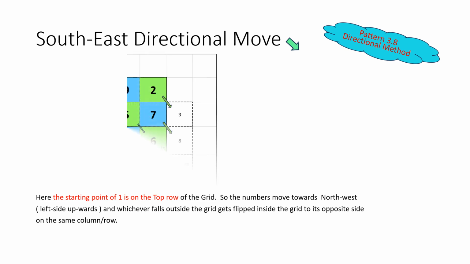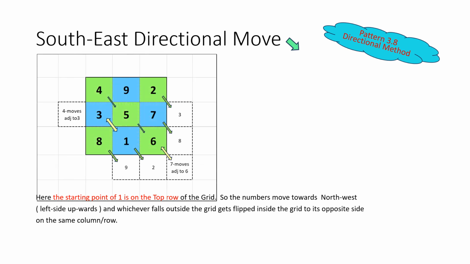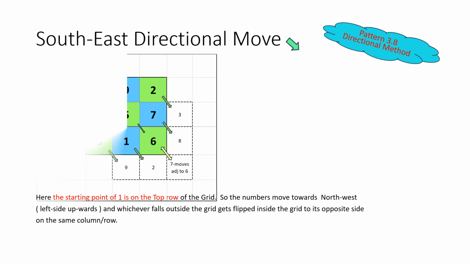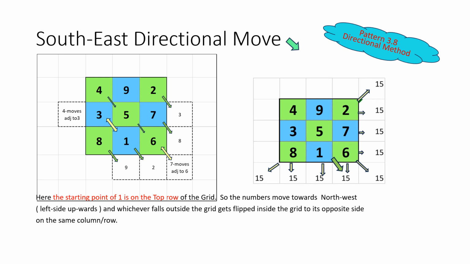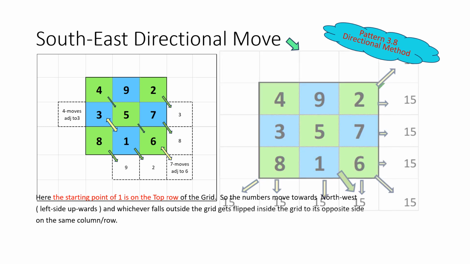You are done with the magic square. Check the sum vertically, horizontally and diagonally in all the directions. You are getting the same magic constant 15.